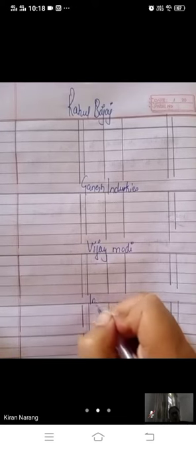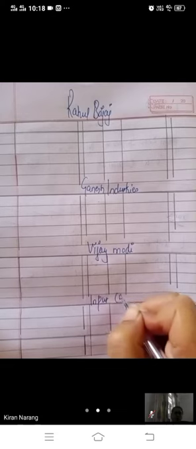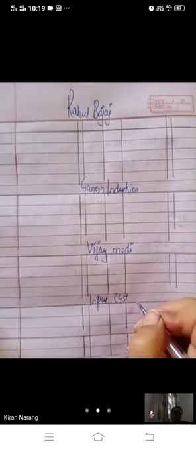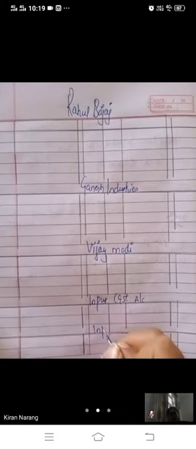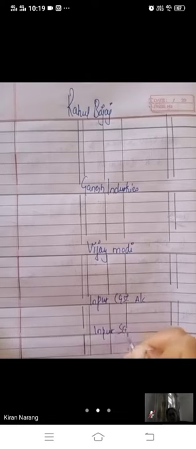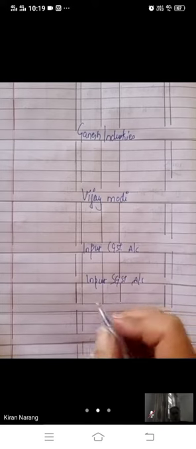Fourth name was Input CGST account. Input SGST account. Then, children, input IGST account, and last we have to make the purchase account. So these 7 accounts we have to make.